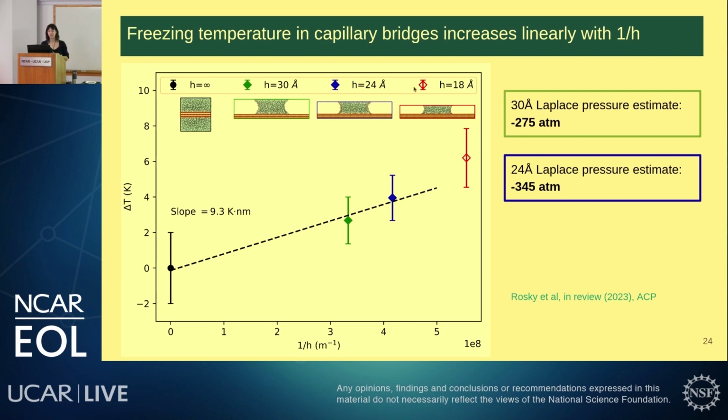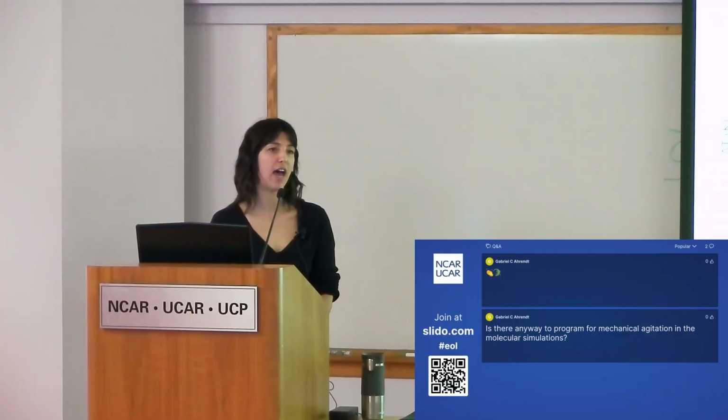So there is definitely a lower limit, because this 18 angstrom pore still has a really increased freezing temperature. That's a good point as well. It's just unverified whether these negative pressures are found in the atmosphere.